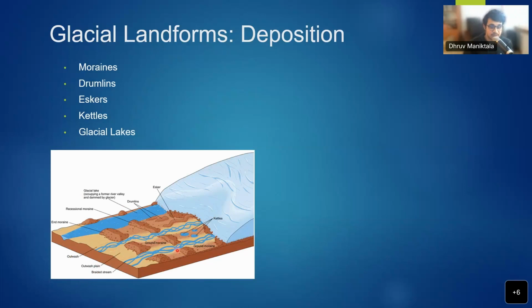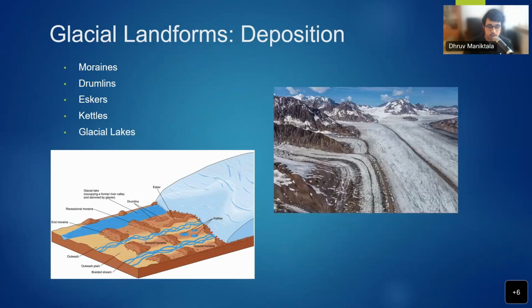So moraines are basically the sediments which are deposited parallel to the glacier, laterally on the sides of it, and sometimes in the middle. I will show another picture. So these are the moraines, these lines that you can see parallel to the glaciers and next to them.